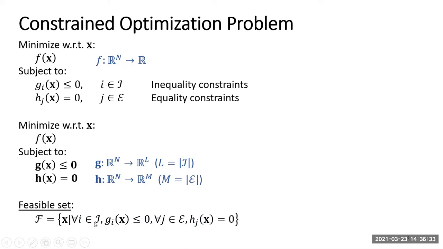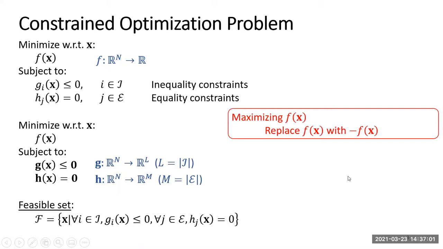And we have defined the feasible set, script F, equals the set of all points x such that for all inequality constraints, g_i of x must be less than or equal to 0, and for all j in the set of equality constraints, h_j of x must be equal to 0. So this is the feasible set.